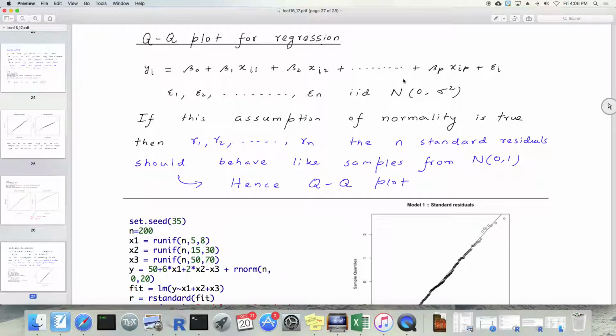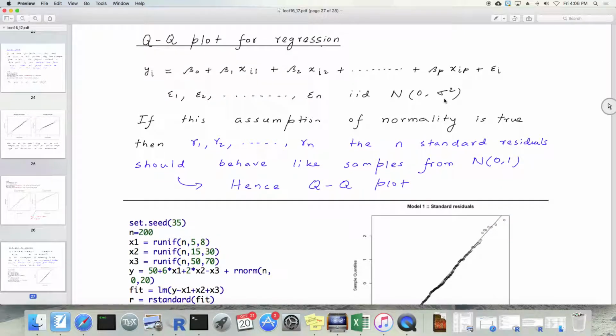That's the linear part, plus epsilon i, the error for the ith observation. And epsilon 1, epsilon 2, ..., epsilon n are all from normal 0, sigma squared for some sigma, and they're IID, that means identically and independently distributed. So the assumption is that they are normal.